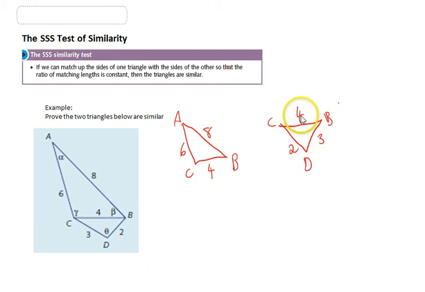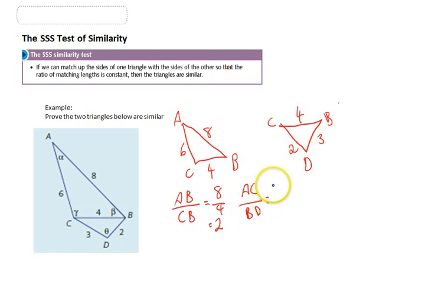And now we're going to find the ratios for each of those. So I'm going to do AB, that's the longest side, divided by CB, that's the longest side there. And that's going to equal 8 over 4, which equals 2. Now I'll test our second one. That's our second biggest, so I'm going to test AC over our second biggest on this triangle, BD.